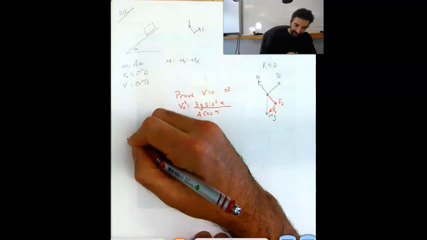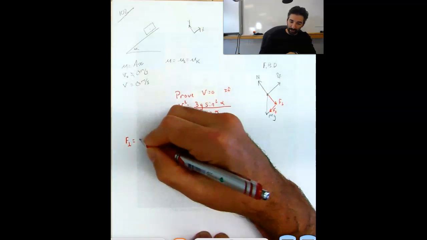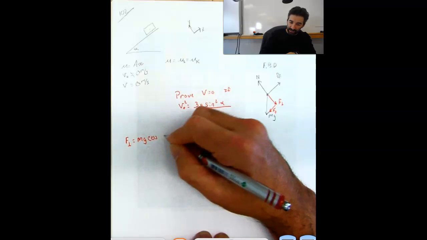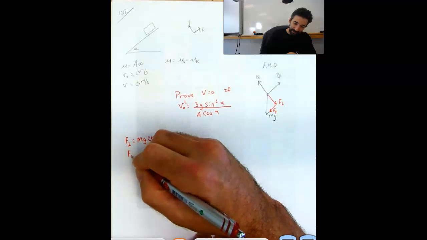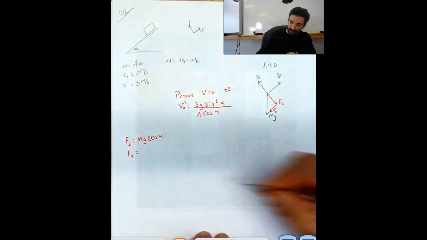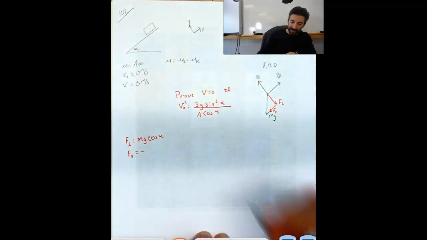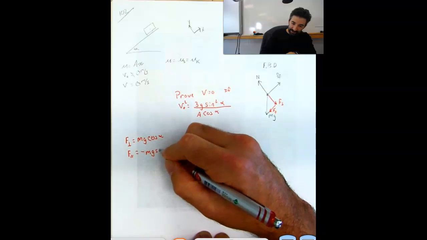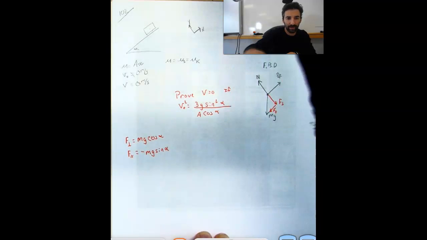F perpendicular is the perpendicular component of gravity, mg cosine alpha. And F parallel is my parallel component of gravity. That is actually going to be negative based on my coordinate, negative mg sine alpha. So we're going to end up using those as we go.